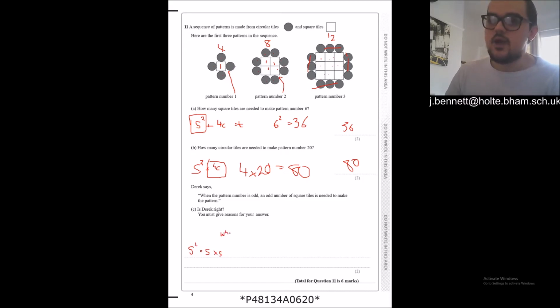When our square number is odd, we have an odd number times an odd number. An odd number times an odd number is always going to be an odd number. An even times any number is an even. An odd times an odd is always an odd. Even times even is even. So, in fact, I'm going to just write this down here.